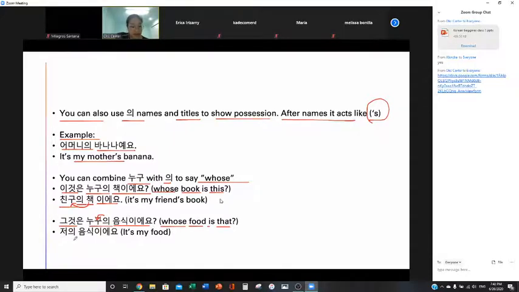It's asking who it belongs to. And then the answer, 저의 음식이에요. 저의 is the polite word for I. So this food belongs to me. That's why you put 의 right here, and then 이에요.